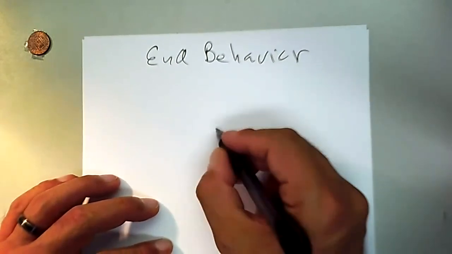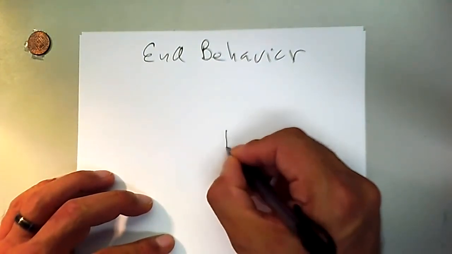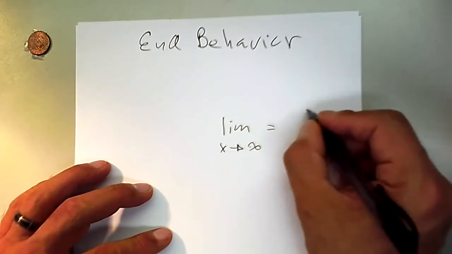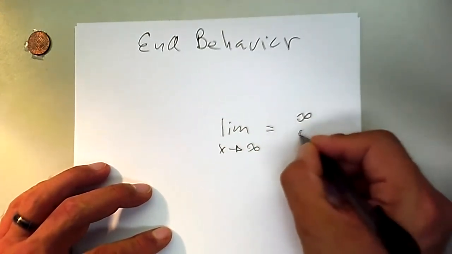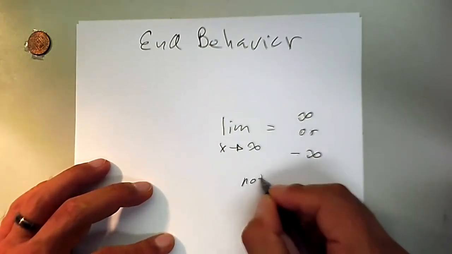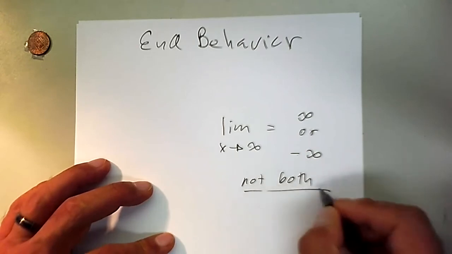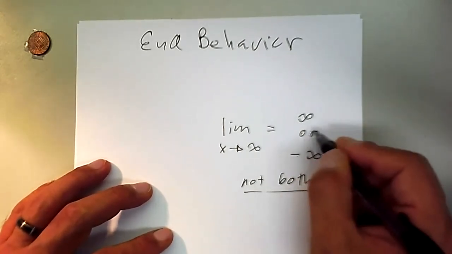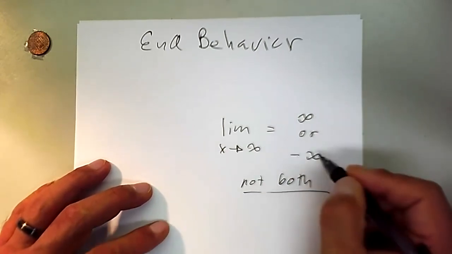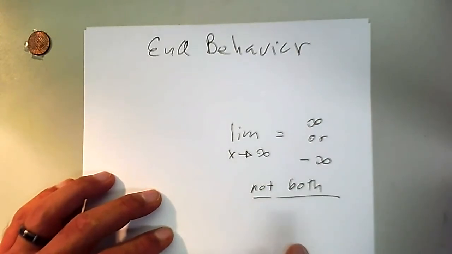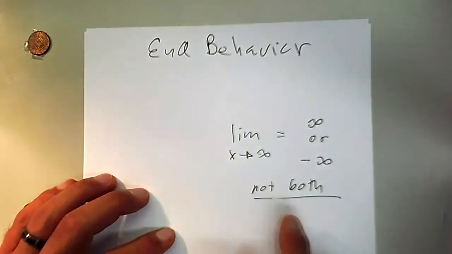So on the right, you can have the limit as x approaches infinity equaling either infinity or negative infinity, but not both. Not both. But you can have neither. So there could be a case where it's neither one of the two. Okay. But with polynomials, we have to have one of those two for sure, with polynomials in general.